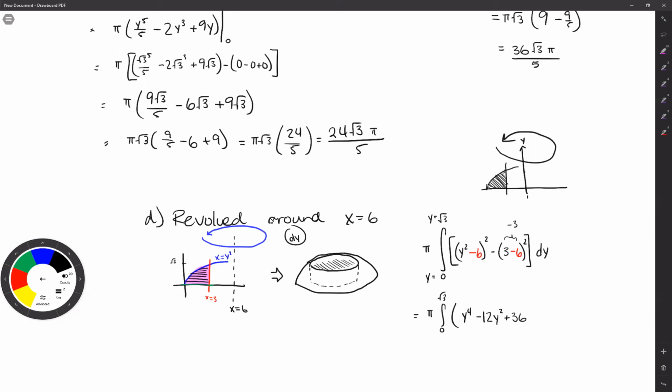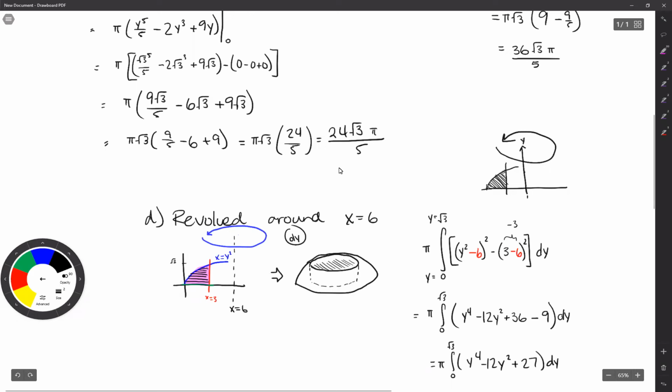Minus, okay, this is going to be -3 squared, so +9 minus +9, dy. Okay, and I figured the least I can do is combine that 36 and that -9. So we have y to the 4th minus 12y squared plus 27 dy.